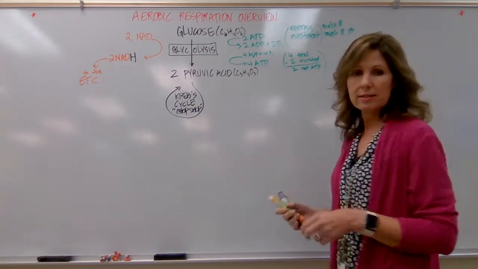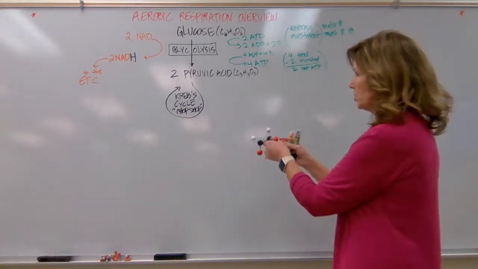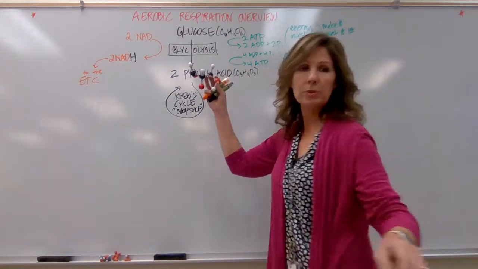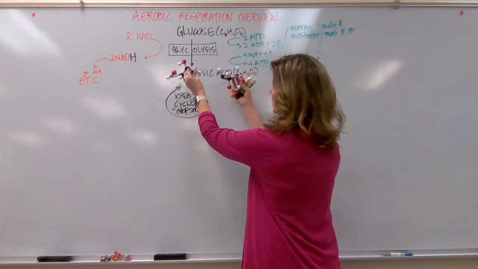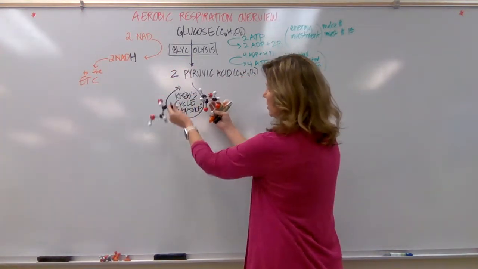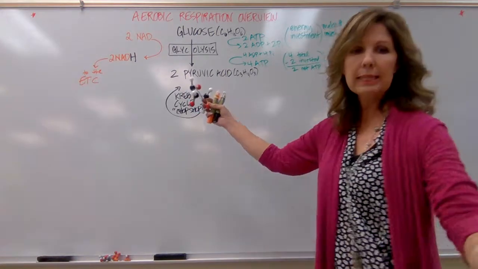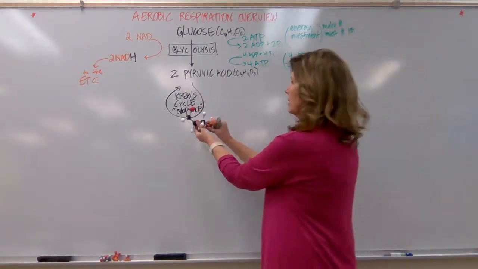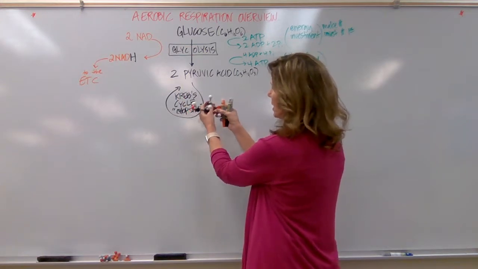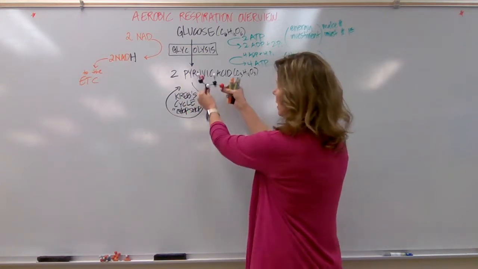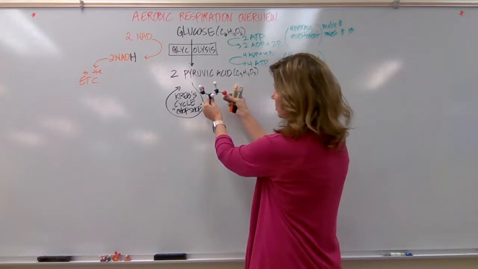So what happens in the Krebs cycle is these two molecules of pyruvic acid that were produced after glycolysis was lysed into two. Now the Krebs cycle is going to completely harvest every single hydrogen that is left. So every single hydrogen is going to be harvested off of that pyruvic acid molecule.